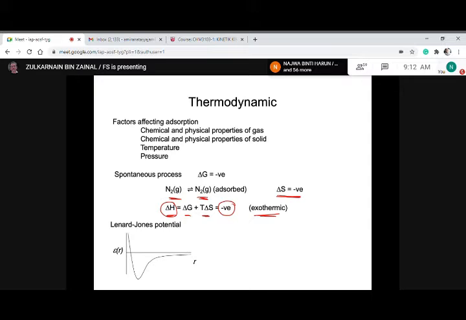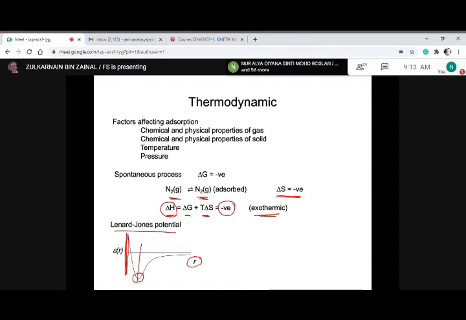So you can also consider the Lennard-Jones potential. I'm not going to go into detail on this, right? There is a minimum distance that the gas should approach the surface to form the adsorption. For example, this is the adsorbent surface, and this is the distance from the adsorbent.